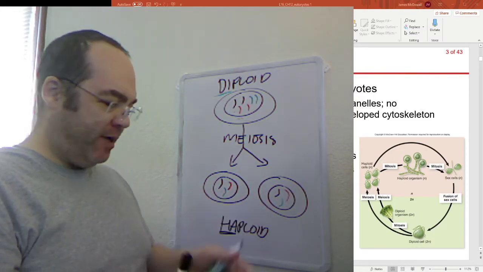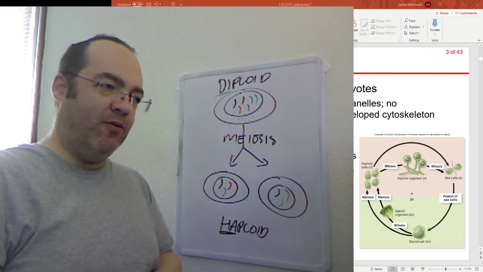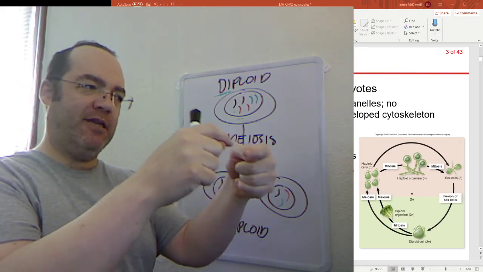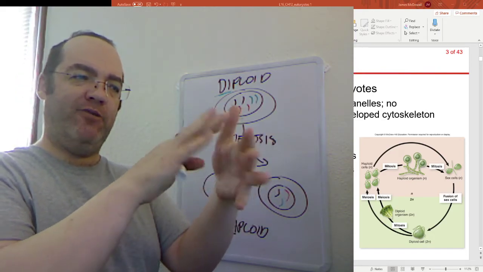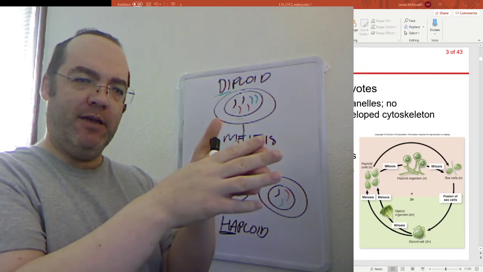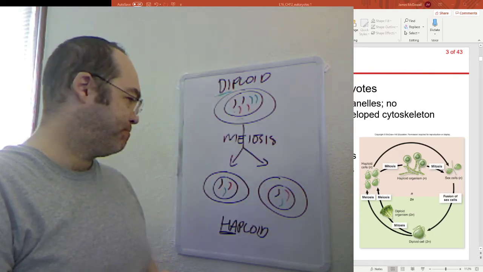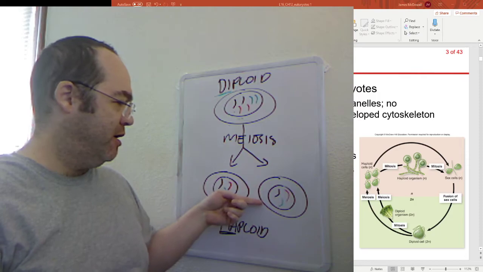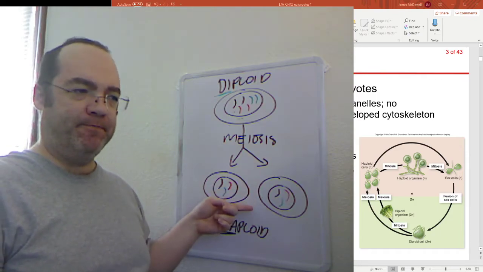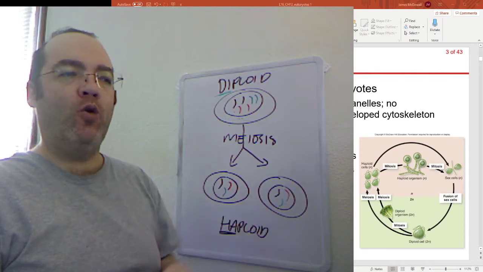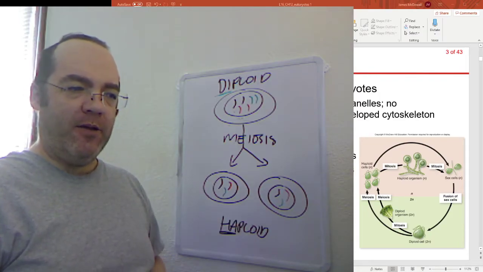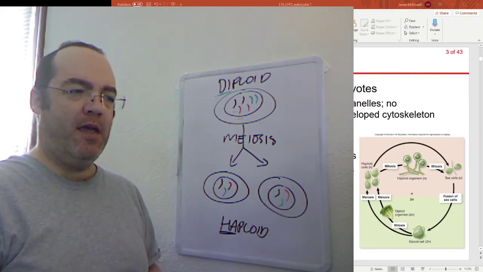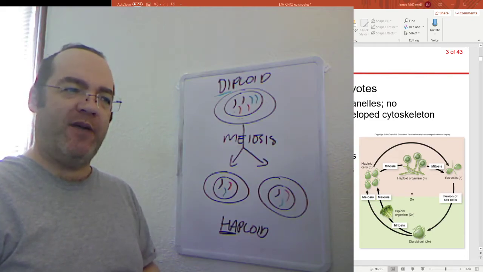And haploid cells are essential for sexual reproduction, because then two haploid cells can get together and they can fuse and they can recombine their genetic material to produce an offspring. When humans make haploid cells through meiosis, we call these cells gametes. But not always are gametes the production of meiosis. We'll see in fungi that spores are produced. Also in plants we have the production of spores.